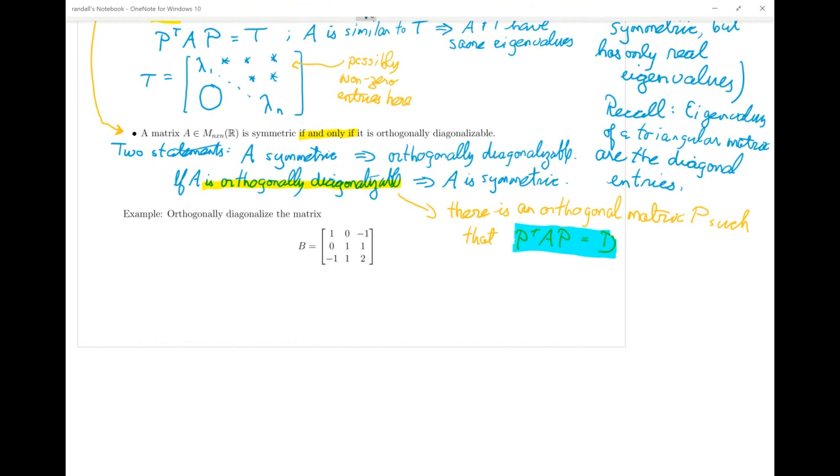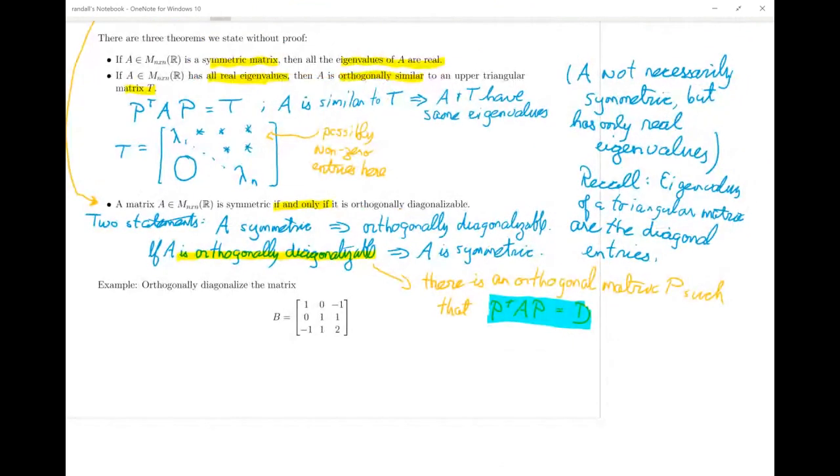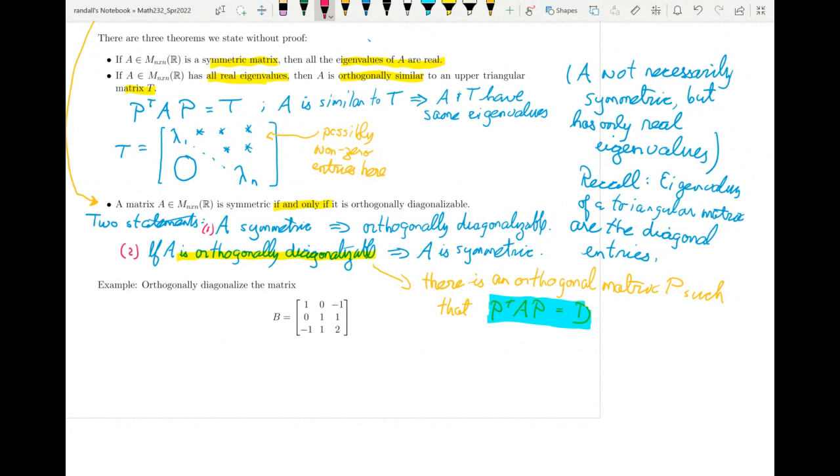Symmetric. Okay, so before I say something about why they call it the principal axis, whatever that is, there are these two statements. There's this one implication, and then there's this second one. Now, the first is the one that we're usually pursuing. We're usually trying to find this orthogonal matrix P, and at the same time what the D is.